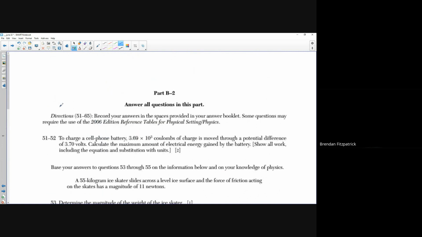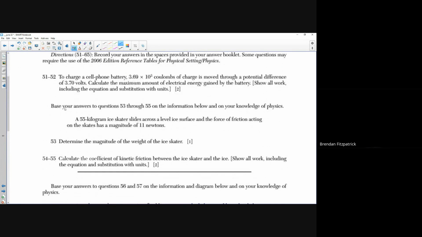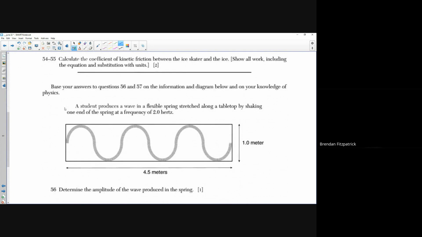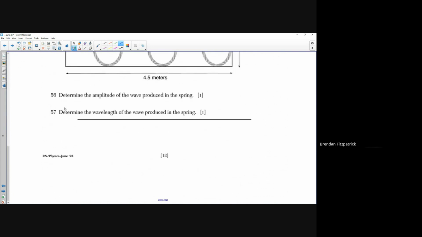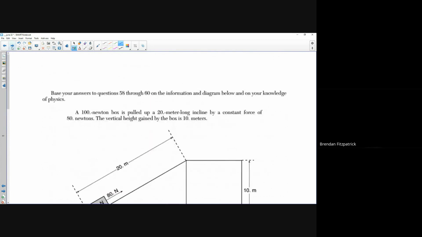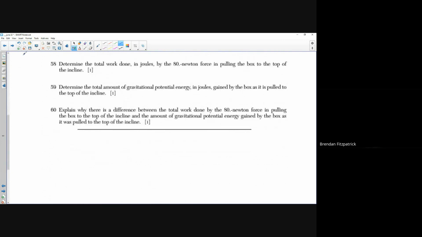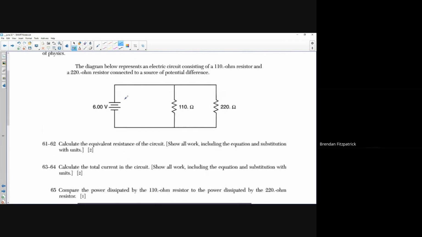Okay, so that is the multiple choice section. I want to do the part 2s, but I don't want to come across one where I won't be able to do it, by not having a ruler is what I mean.